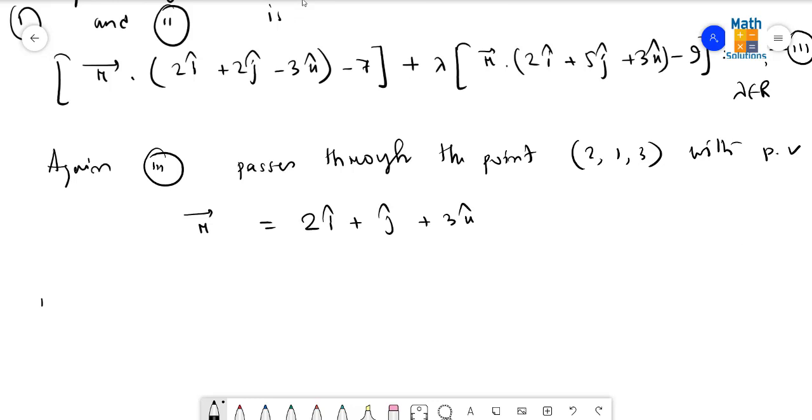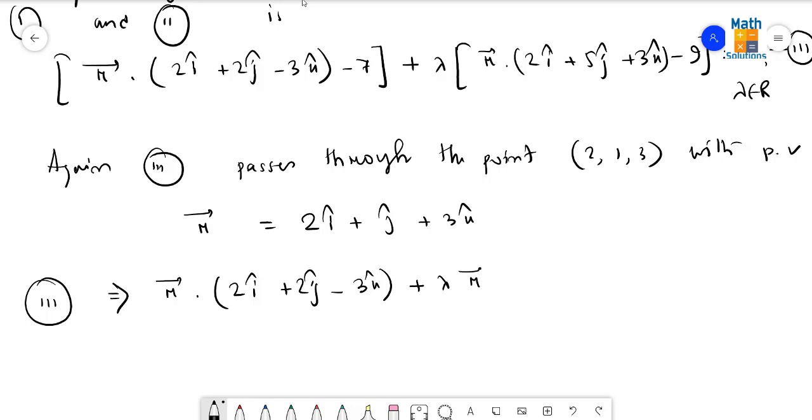In 3, some modifications we have to make now. That is: vector r dot (2i cap + 2j cap minus 3k cap), they should be taken together, after that plus lambda vector r dot (2i cap + 5j cap + 3k cap), that is equal to 9 lambda plus 7, which should be carried to the opposite side.